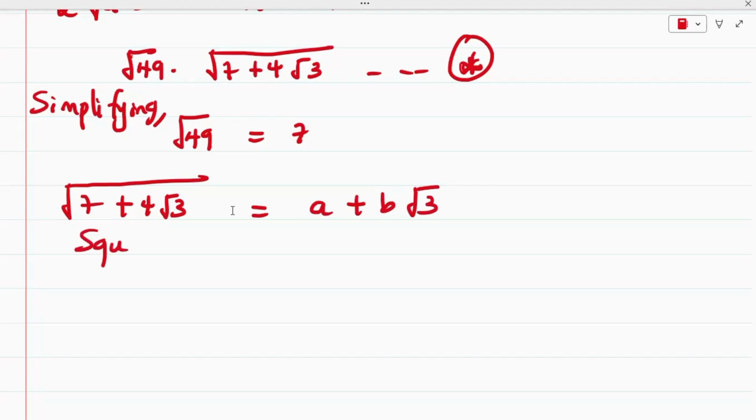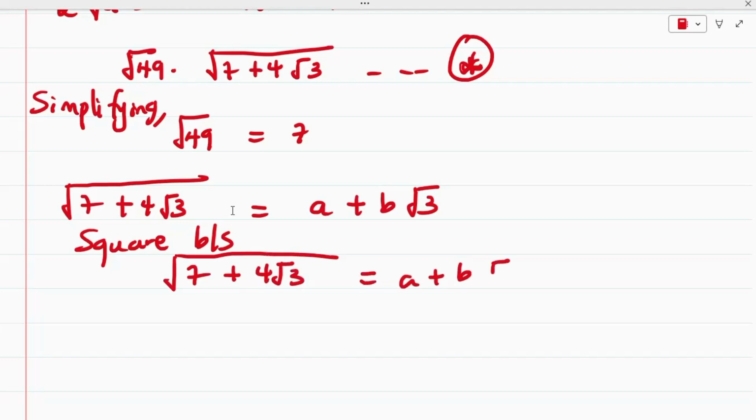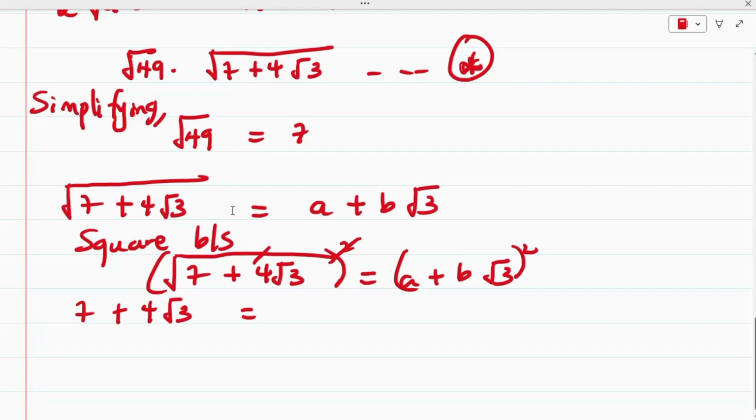So the next thing we want to do is to square both sides. So we have the square root of 7 plus 4 root 3 is equal to a plus b root 3. If we square both sides, the square and the root cancel. We have 7 plus 4 root 3 is equal to, if you simplify this, a squared plus 3b squared plus 2ab root 3.